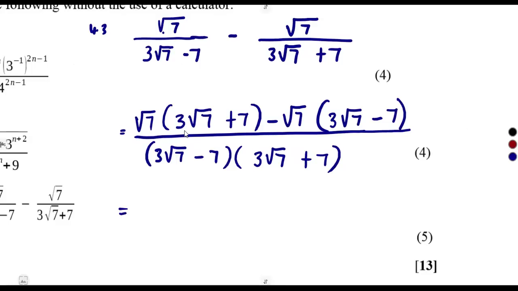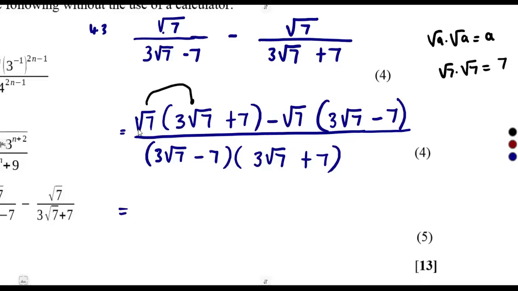Let's expand our brackets so that we can collect the like terms at the end. Remembering that I explained, guys, square root of a times the square root of a is equal to a. So when you are multiplying square root of 7 to the square root of 7, you know that you're going to get 7.